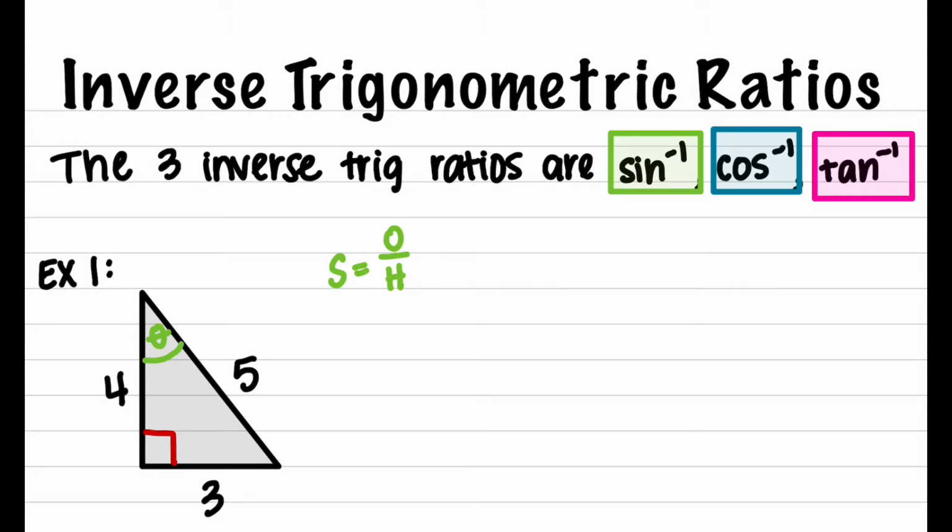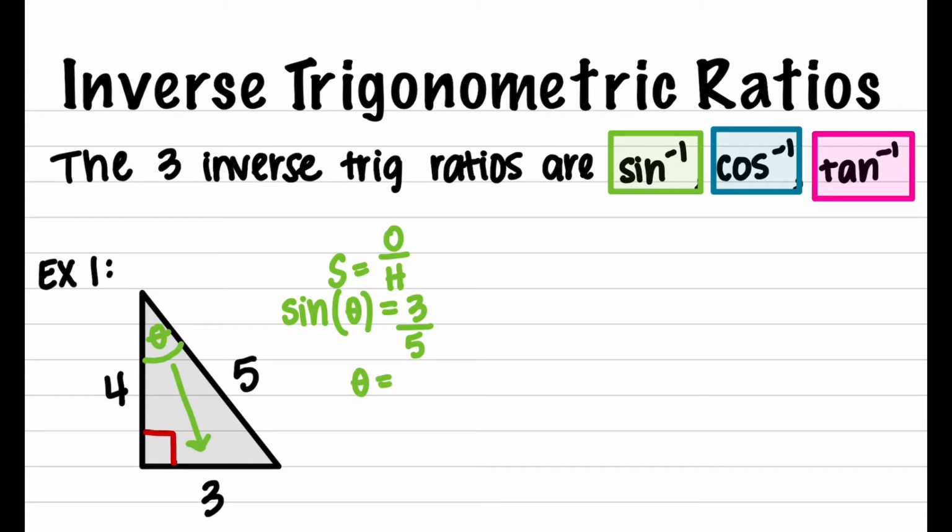Okay, so previously what we did was we labeled the sine of theta is equal to the opposite, which was 3, over the hypotenuse, which is 5. Well, I can rearrange this equation so that it says theta is equal to, or the angle measure is equal to, some value.